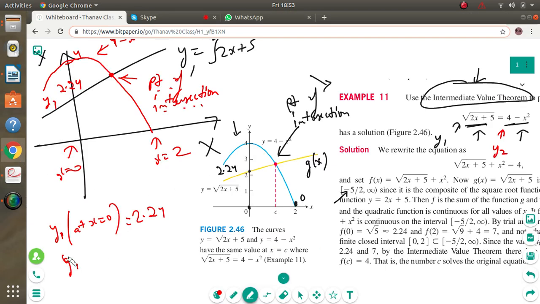Why do we take these? Because in the intermediate value theorem we always take two extremes and then we take the intermediate value. The two extremes could be anywhere else also. It could also be -1, it could also be 3, no issue.